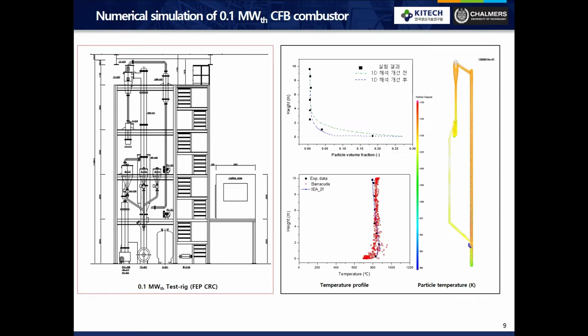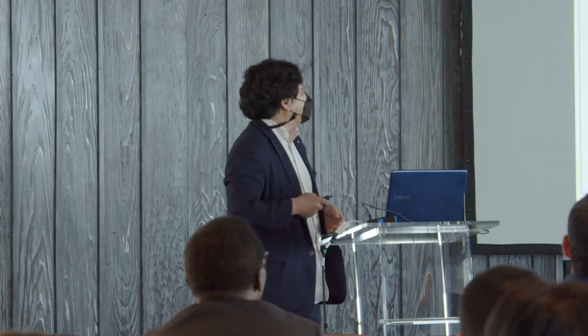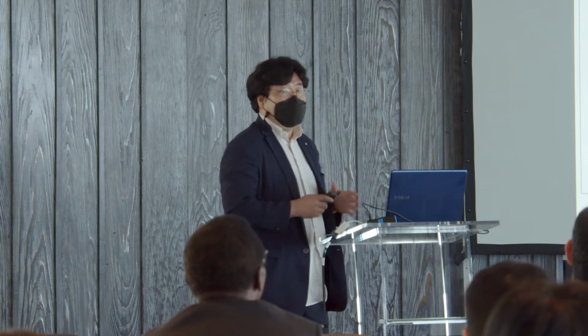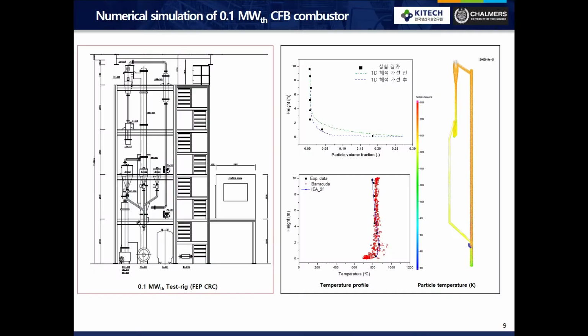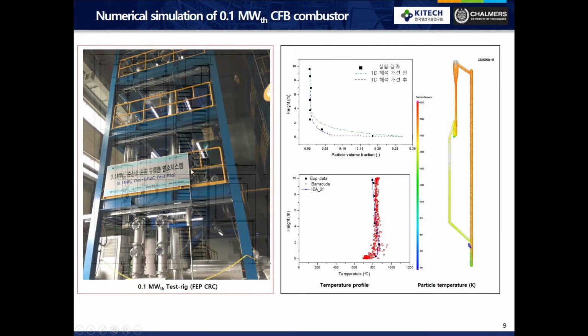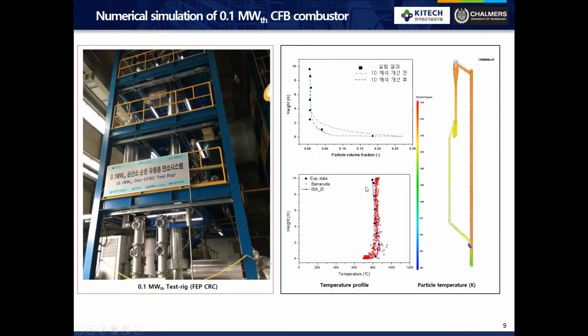In the research center, we have a 0.1 megawatt thermal combustor. Its height is 10 meters, and diameter is about 50 centimeters. We calculated this system, and here you can see the comparison between the experiment and the numerical simulations.